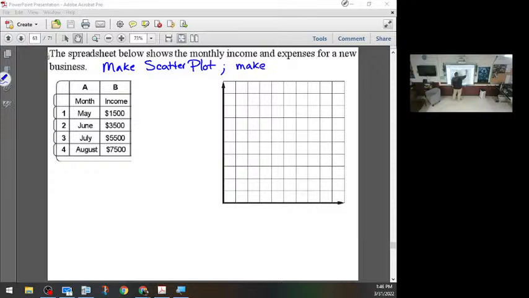Make an equation for your trend line. Now, your trend line might not be the same as your neighbor's, and that is perfectly fine. It might not be the same as mine, perfectly fine. But I still want you to make one. Okay? So get going on it because these ones took a little bit longer. They were a little more involved.